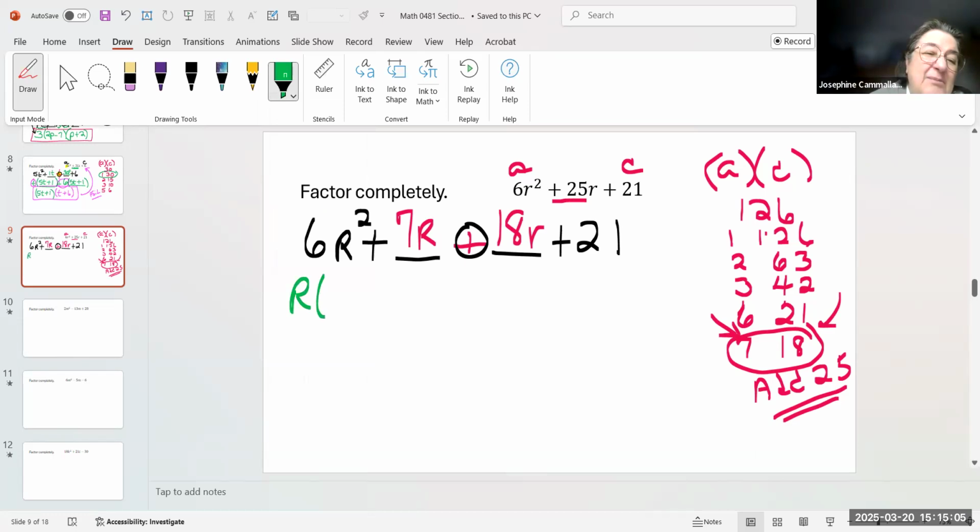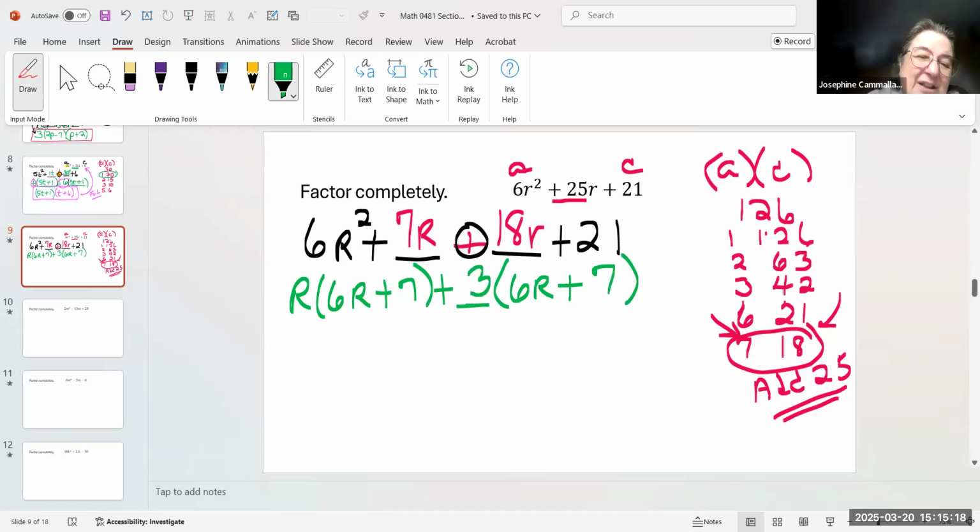This is R, 6R plus 7. Now remember, I want to get 6R plus 7. 3 is my greatest common factor.